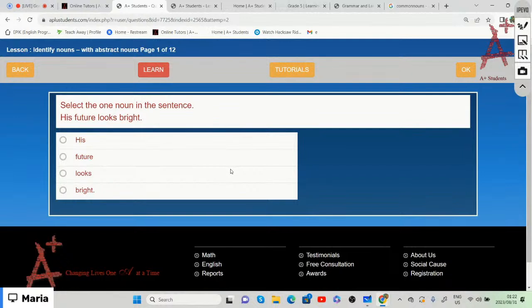All right, so if we choose the abstract noun within the sentence, remember it's something that we cannot physically see, touch, hear, or smell. So if we select the one noun, we can say future, right? Because we cannot see the future.